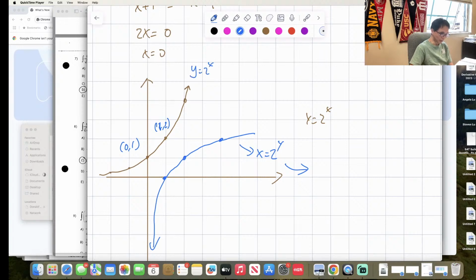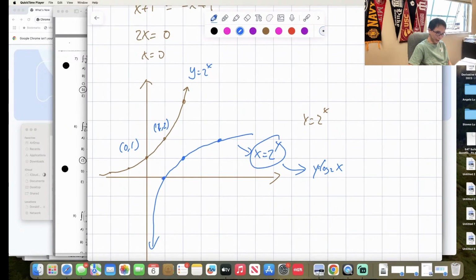This one's x equal to 2 to the y. It's also known as y equal to log base 2 of x. It's like an inverse function. The inverse of exponential is logarithm. So we're going to get to that. So please write this equation out in your notes because that's what we're going to be doing today.